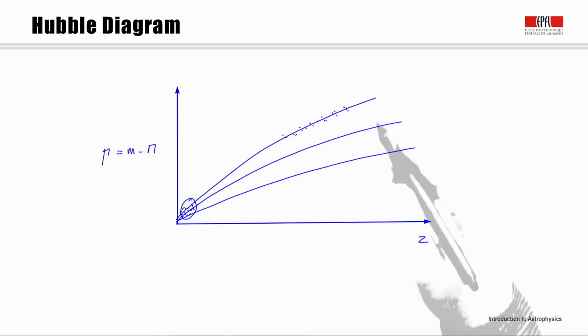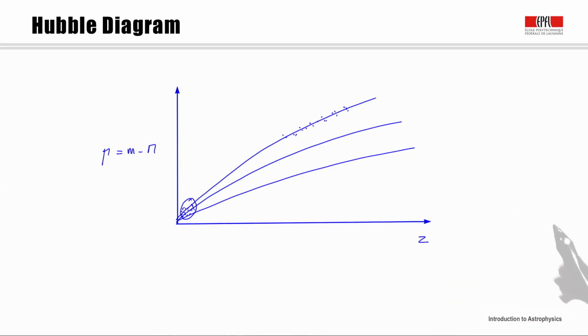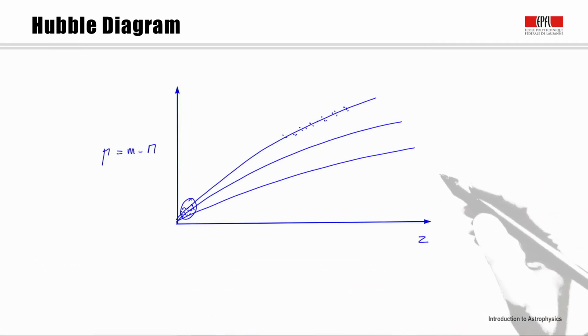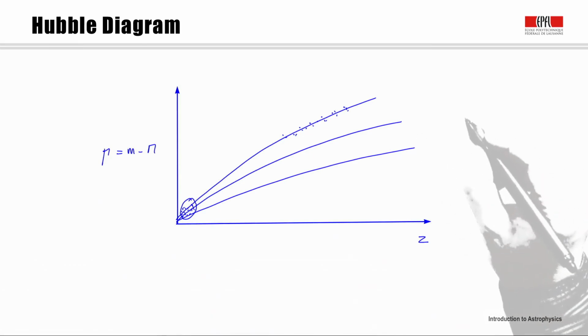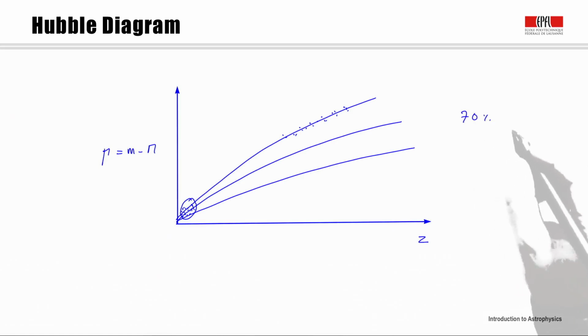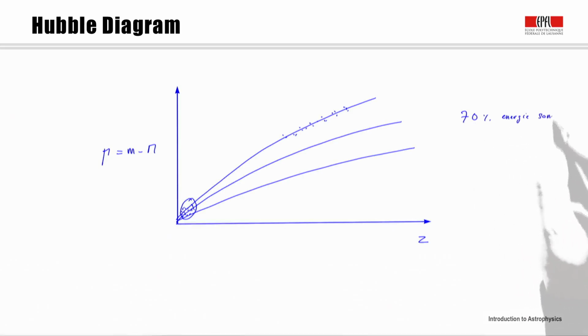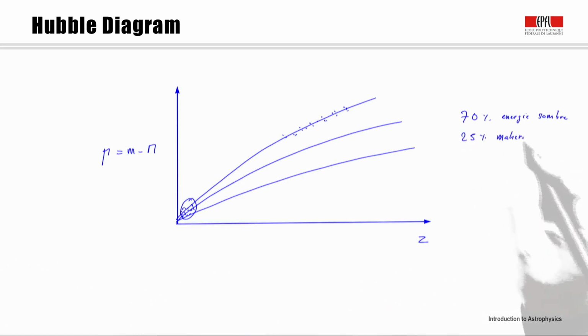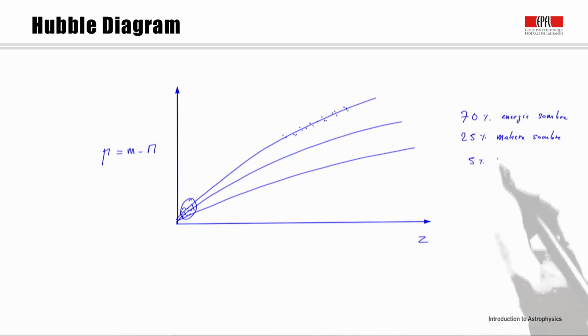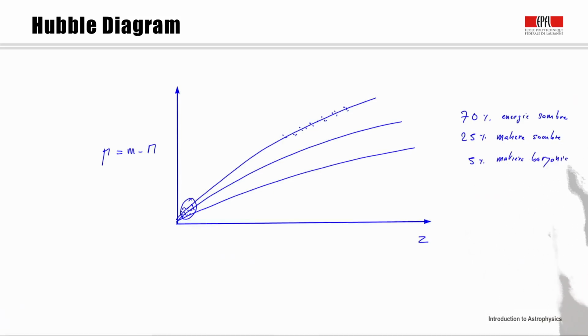The prediction of the models, the difference between the curves, will be the cosmological parameters, so H0, but also the different energy density parameters. 70% dark energy, 25% dark matter, and 5% baryonic matter or normal matter.